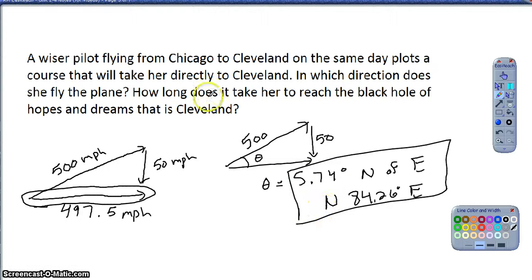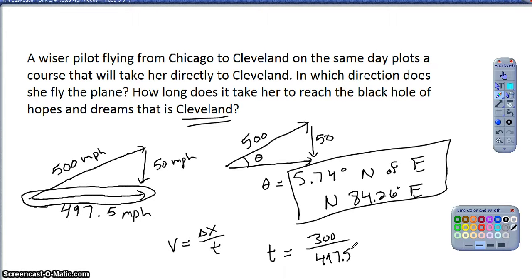But then for the second part, how long does it take to reach the black hole of Homestead Dreams, that is Cleveland? I know that she's traveling at 497.5 miles per hour, and going back to that previous problem, it was 300 miles away. So I simply use velocity equals delta x over t, and I solve for t. So 300 miles away and then the 497.5, it's going to be very close to the 0.60 hours.